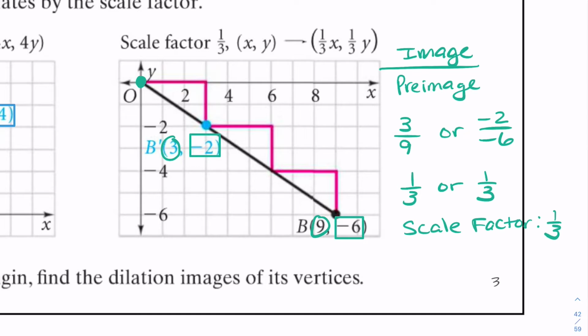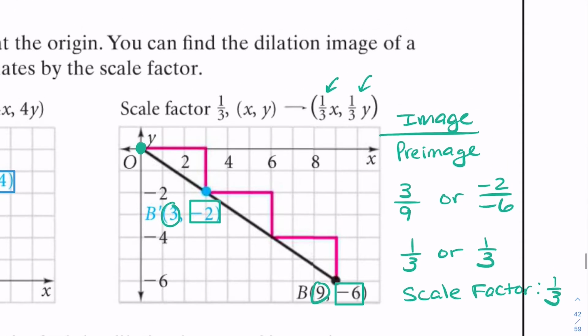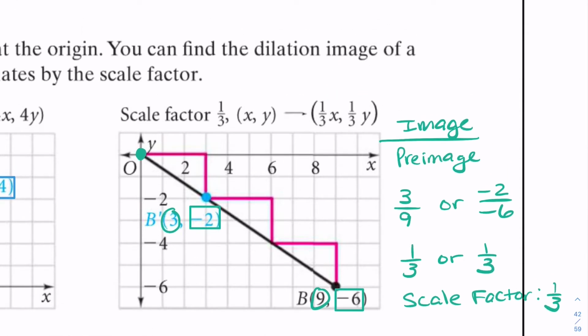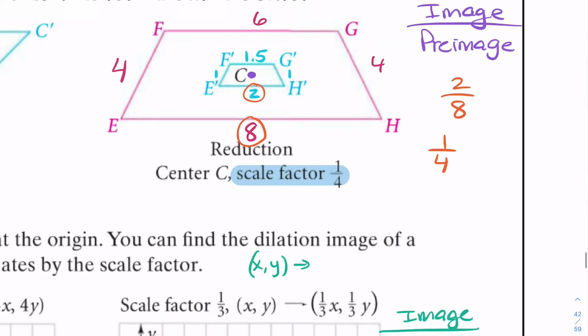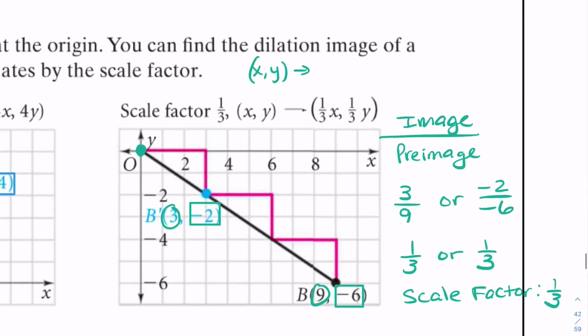Now, how does that affect it? Well, you notice it's done through multiplication. So our new rule is x comma y maps onto, remember we said n is our scale factor, so it's going to be n times x comma n times y.